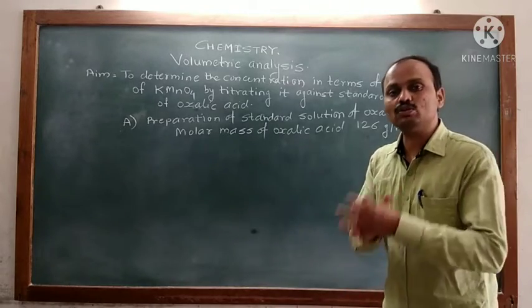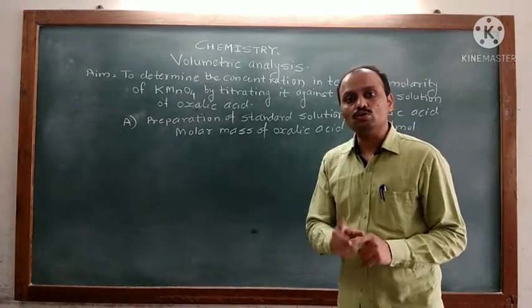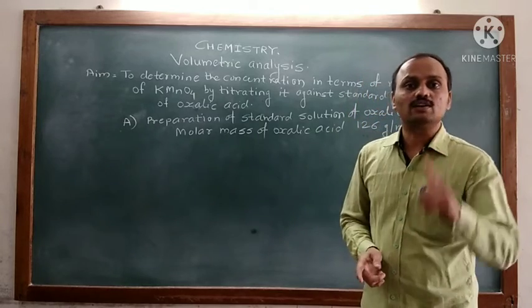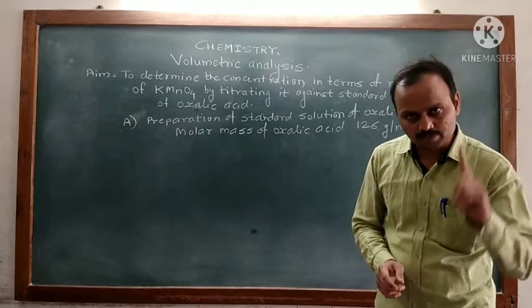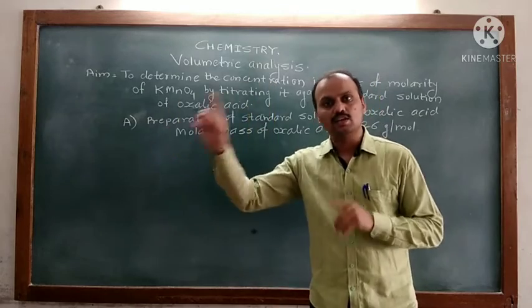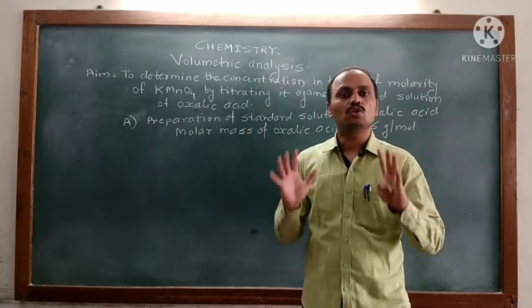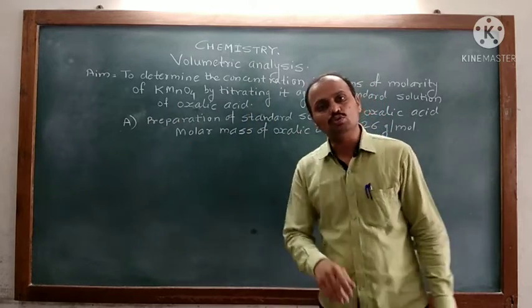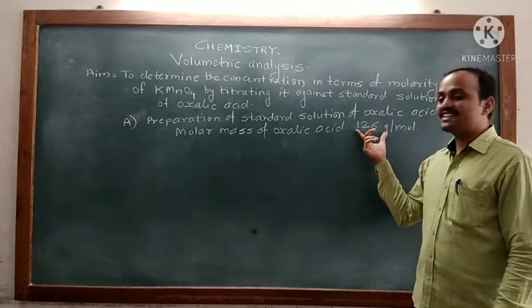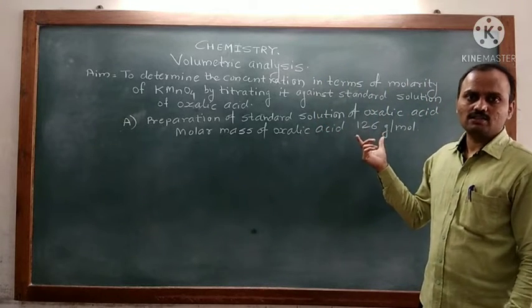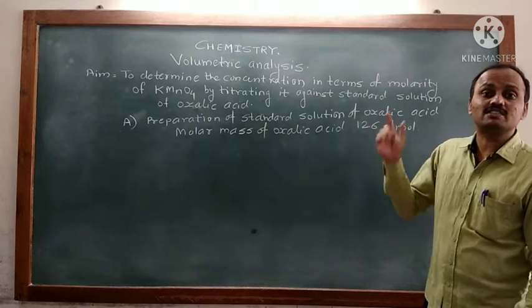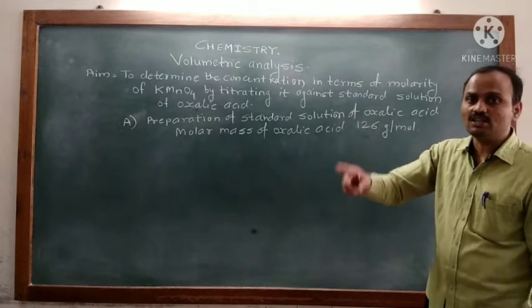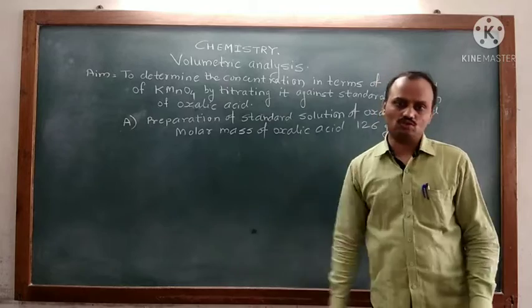I will explain again. When we have to prepare a 1 liter, 1 molar oxalic acid solution, we have to dissolve 126 grams, the molar mass, of oxalic acid in 1 liter of solution.